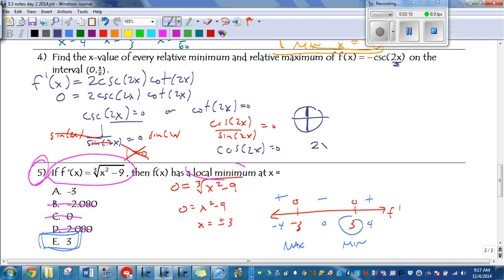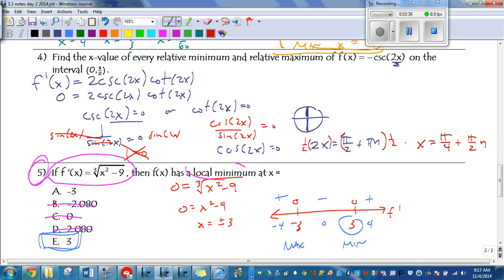So 2x would have to equal pi over 2 plus pi n. Right? That would account for all the possibilities. Although we're looking at an interval, we want to kind of take a look at all the possibilities first and then narrow it down. So to solve for x, we can multiply both sides by 1/2. That means x is going to be pi over 4 plus pi over 2n.